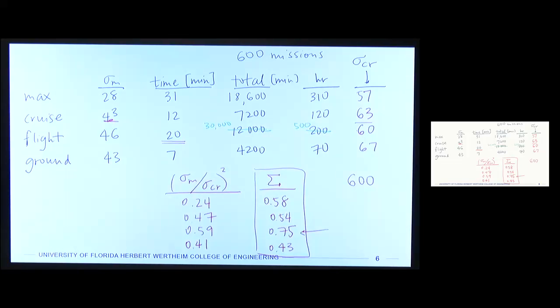And then our critical stress, if we go back to that diagram and look at it, which I did not put on here, but I did put in my calculations.